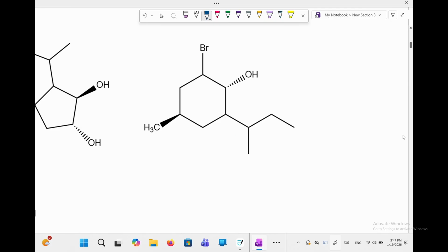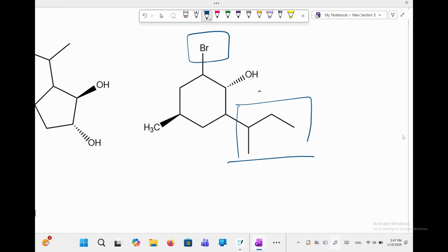So let's do this one here. Whenever I'm trying to name these kinds of substituents, I like to box them and name them separately.